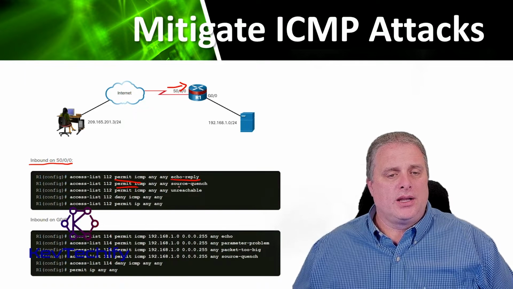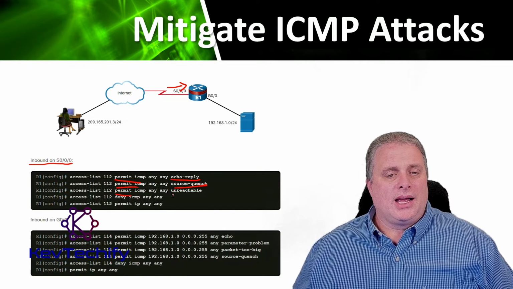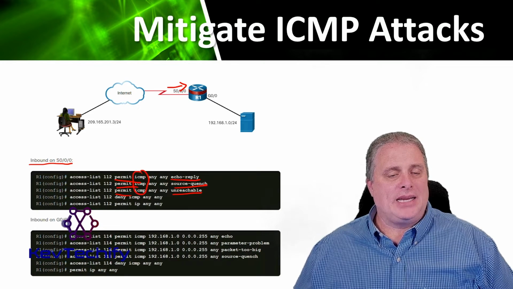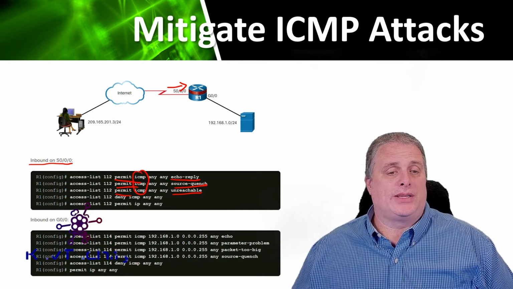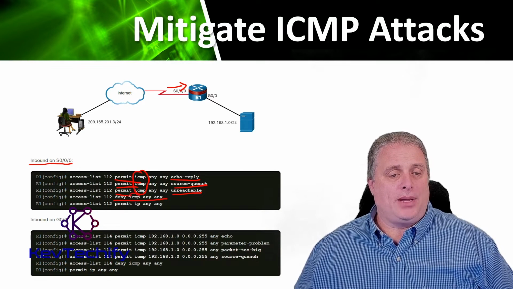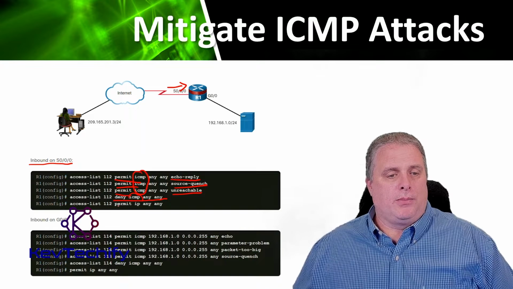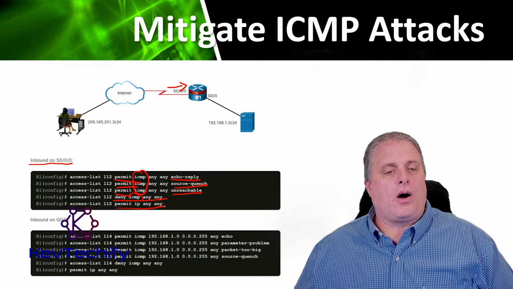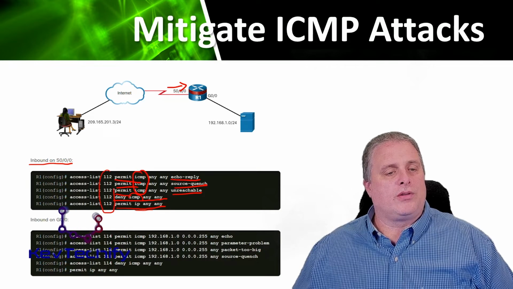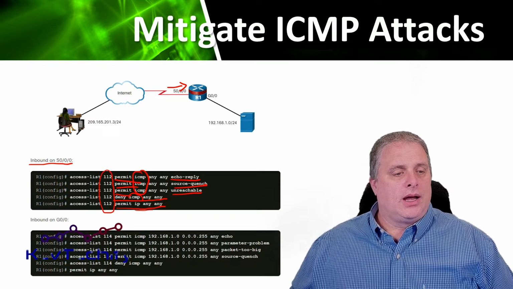We're permitting source squelch, and we're permitting unreachable. Notice that the protocol here is all ICMP. It's not TCP, it's not UDP, it's ICMP. We're going to deny all other ICMP requests. But we also do permit all IP traffic to go through on our 112 access list.